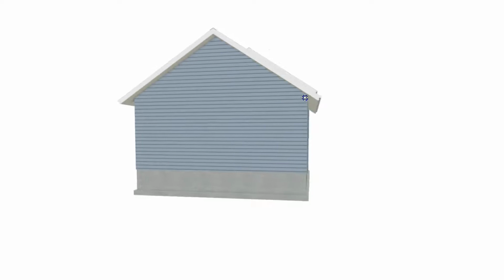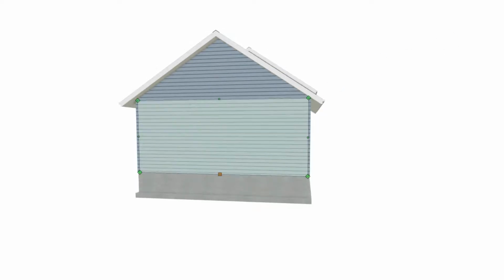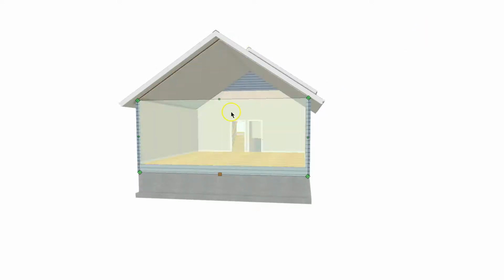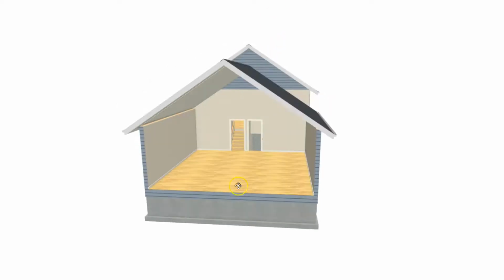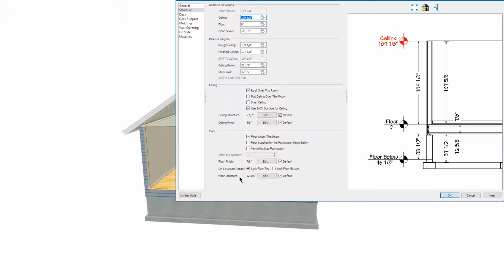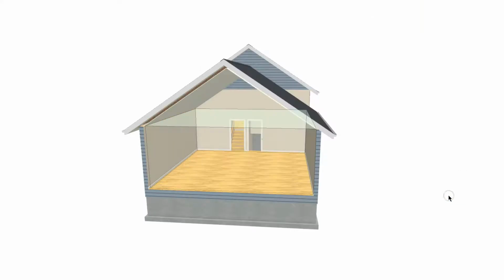Okay, back on this side, I'm going to do the same thing. I'm going to select this wall and just make it invisible. And in this room, you've got use soffit surface for ceiling checked, and that shouldn't be. That's something that you would use for like a porch. So I'm going to click that.